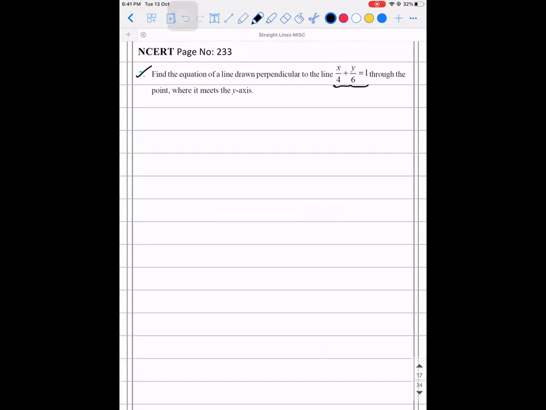Always for these kinds of problems, I suggest you draw the diagram first. So what is the line? x by 4 plus y by 6 is equal to 1. So what is this point, guys? 4, 0. What about the coordinate on y-axis? It is 0, 6. Right?